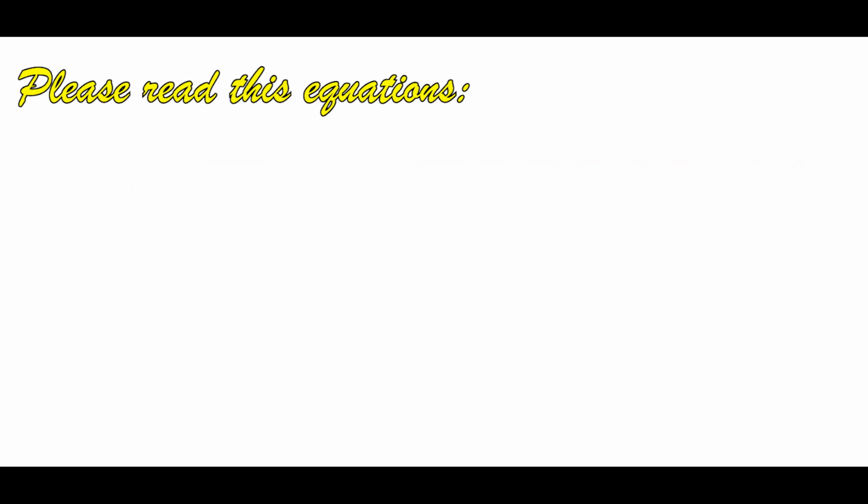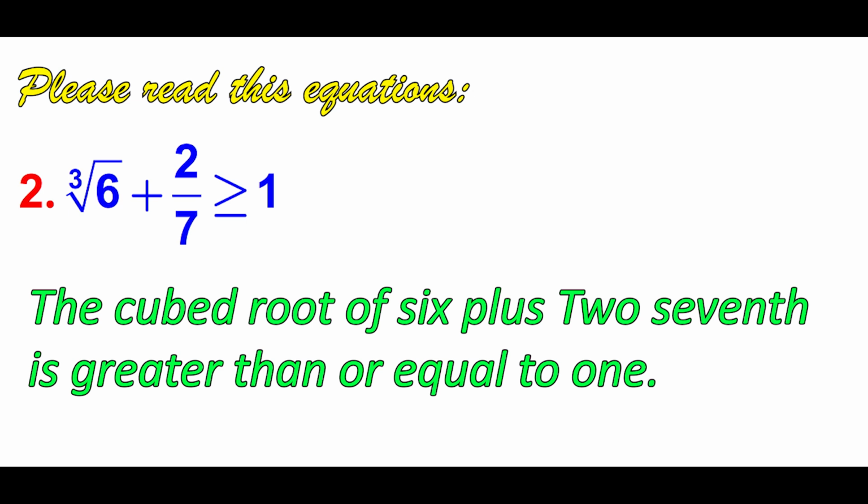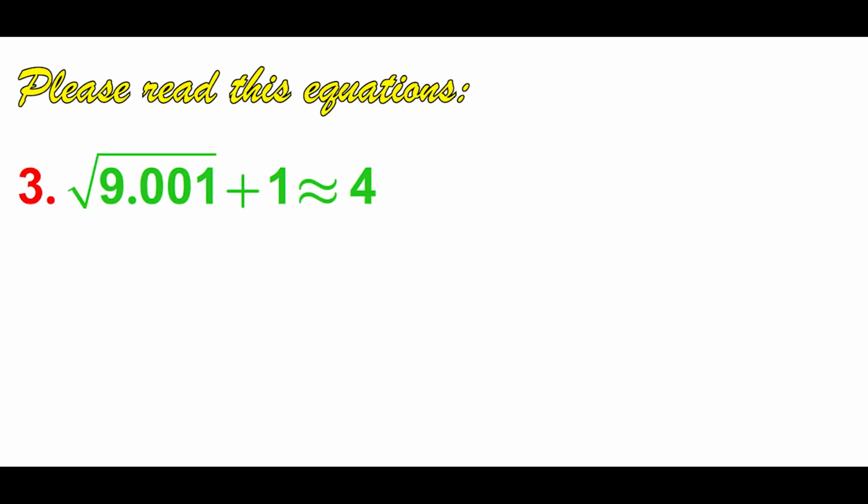I hope that you could read it. Number 2, please read this. The answer is the cube root of 6 plus 2/7 is greater than or equal to 1. Number 3, please read this.